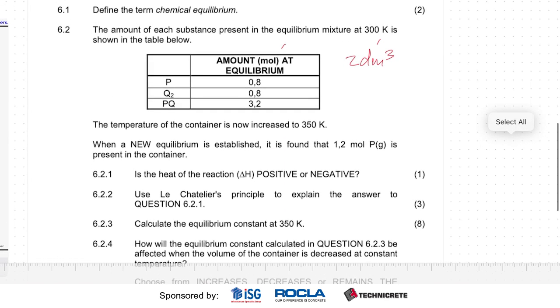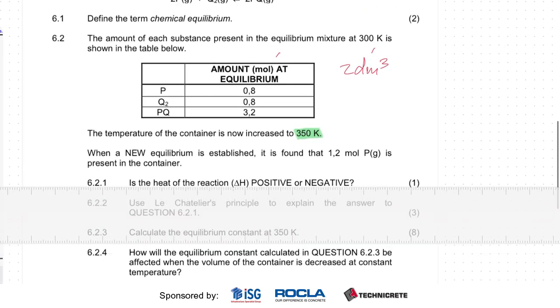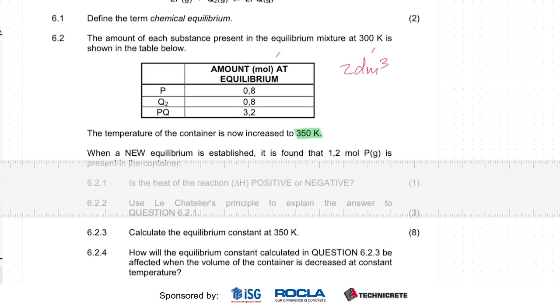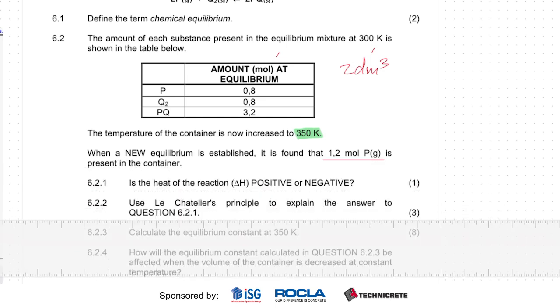The temperature of the container is now increased to 350 Kelvin. When a new equilibrium is established, it is found that 1.2 moles of P is present in the container.